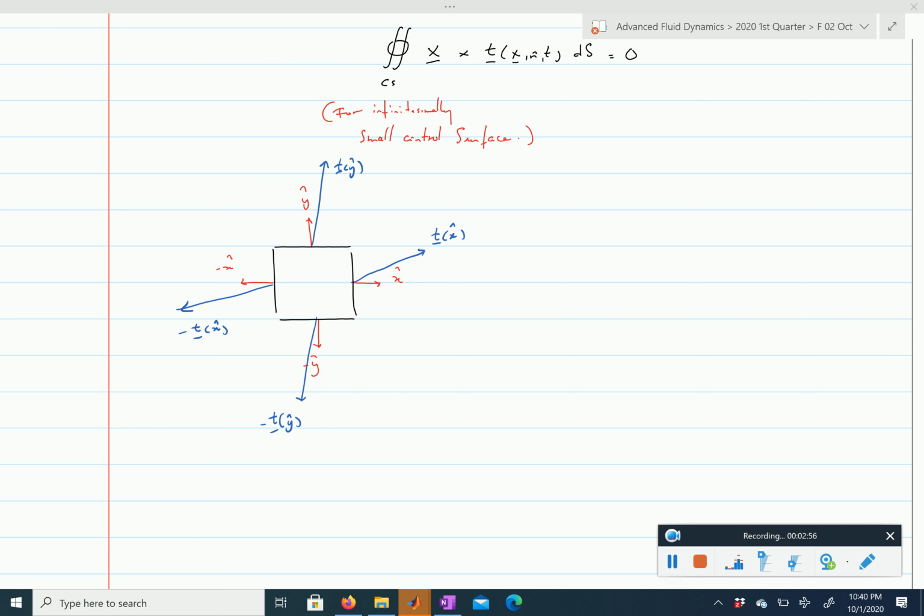If we take the stress vector T on the normal x, this is equal to x dot our stress tensor, and here our stress tensor will be a 2 by 2 tensor.